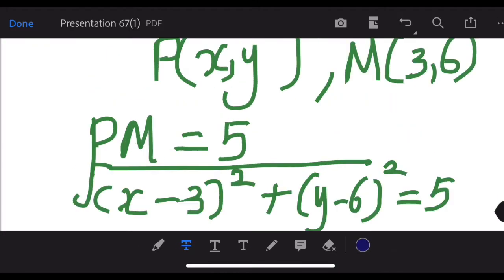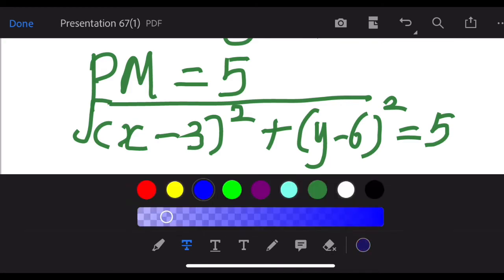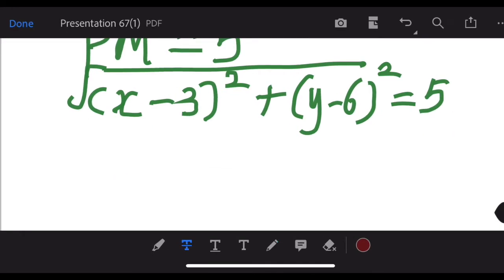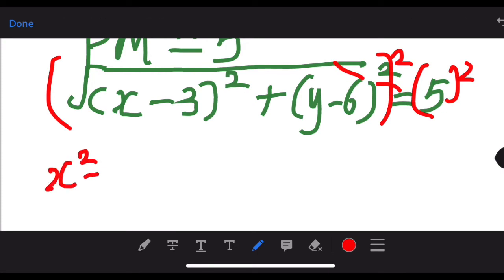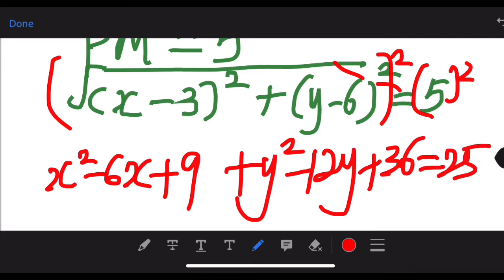So we can square both sides, right? Let's square both sides. I'm going to use a red pen so that you are aware that when I square, the square root will be cancelled out. So left only x squared minus 6x plus 9 plus y squared minus 12y plus 36 equal to 25.